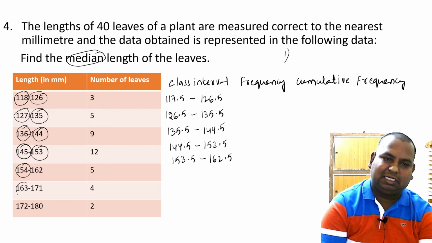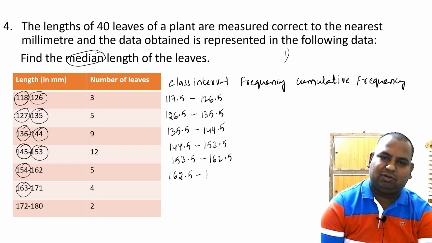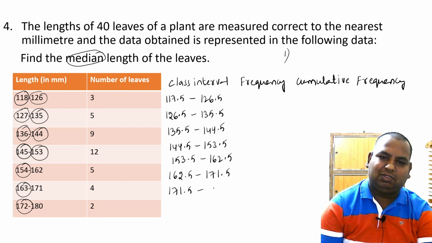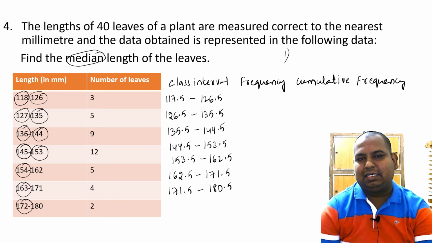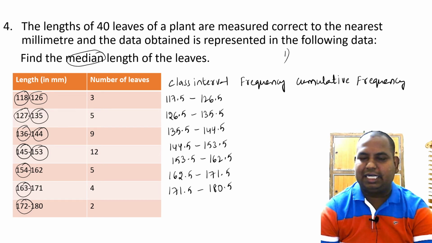Next, 163 minus 0.5 is 162.5. 171 plus 0.5 is 171.5. 172 minus 0.5 is 171.5. 180 plus 0.5 is 180.5. We made the class intervals continuous.